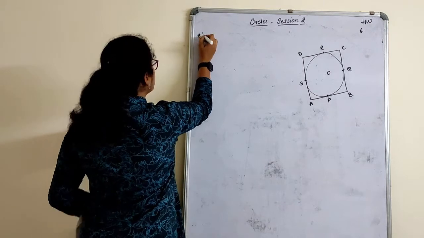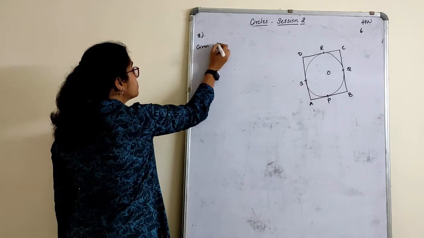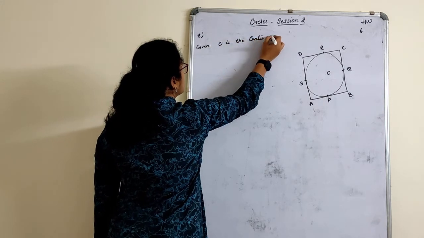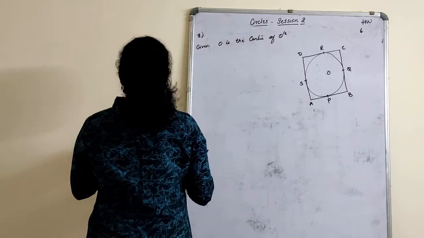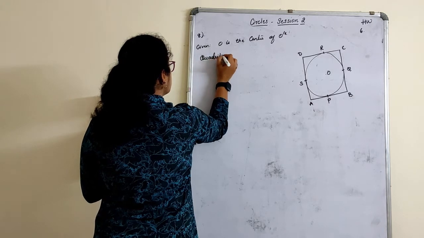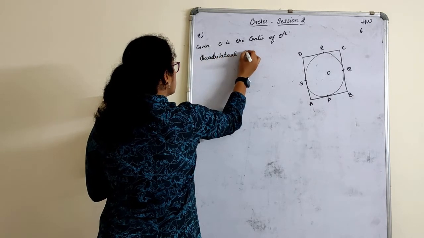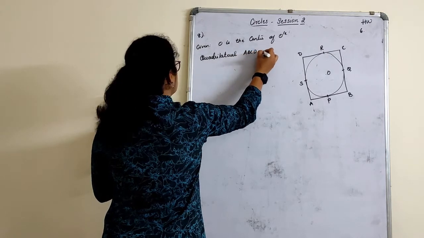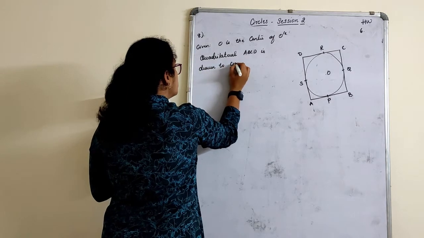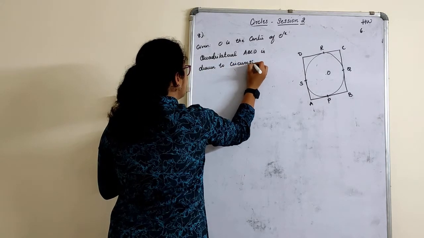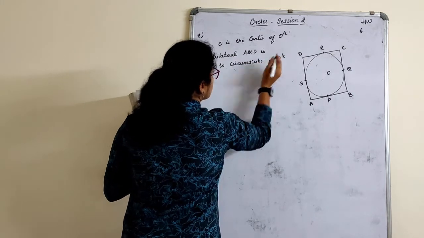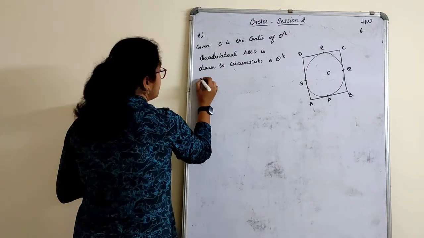Given: O is the center of circle. Then write the same thing. Quadrilateral ABCD is drawn to circumscribe a circle at points P, Q, R, S respectively.